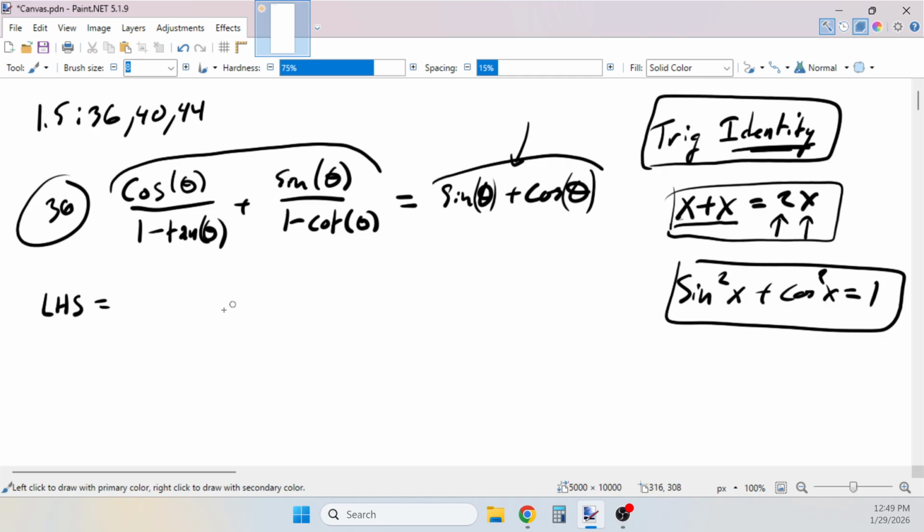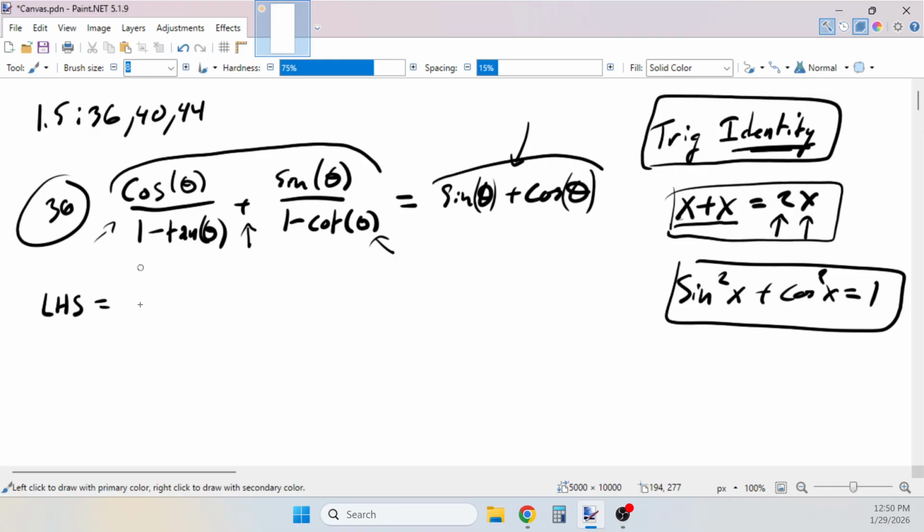There are lots of ways we could approach this. But when I see the sum of two fractions, what I like to try is finding a common denominator and combining into one fraction. This is not necessarily the best way to do this, but it's the way that I want to do it.